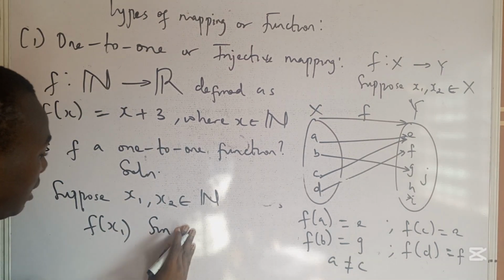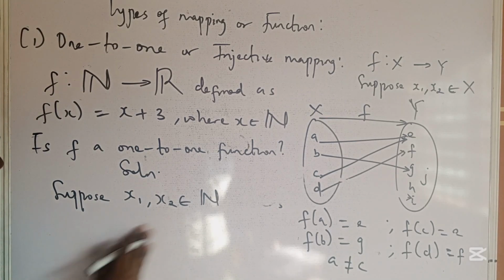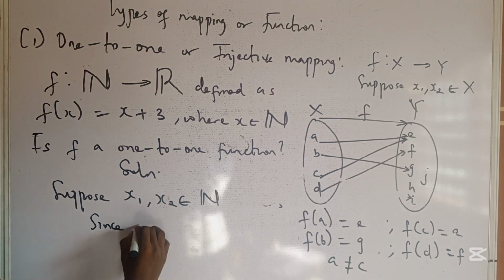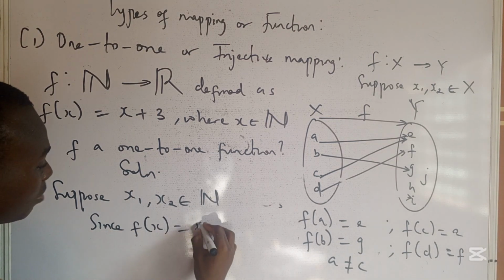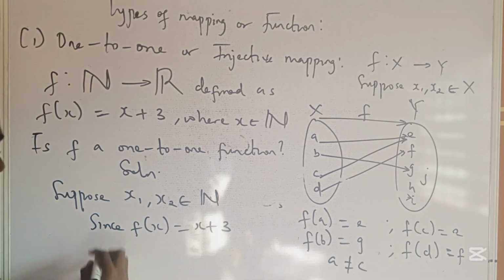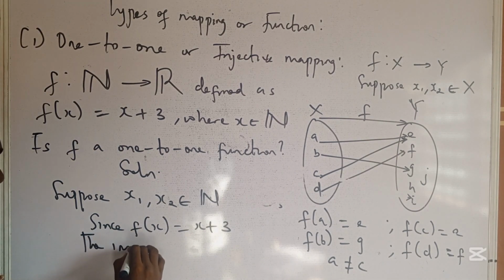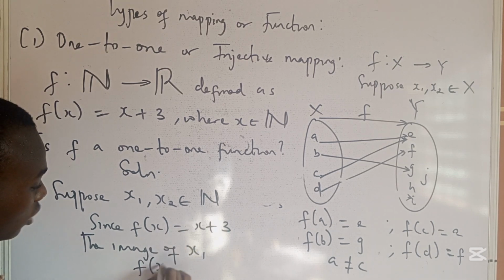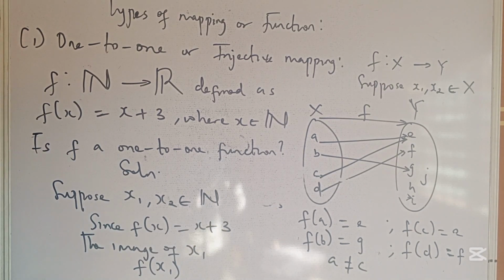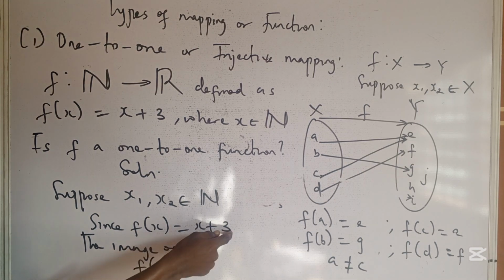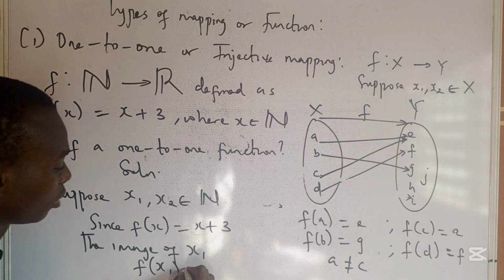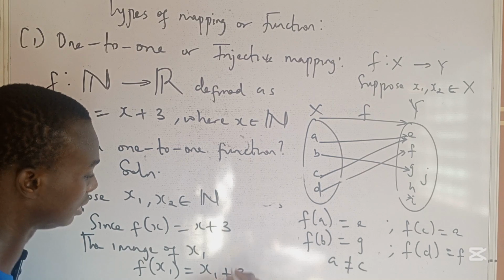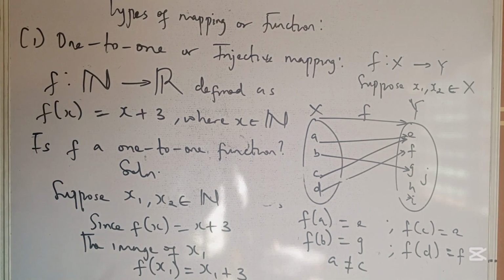Since f of x equals x plus 3, the image of x1 will be f of x1. Since we know f of x equals x plus 3, this implies that f of x1 will be equal to x1 plus 3. That is the image of this.